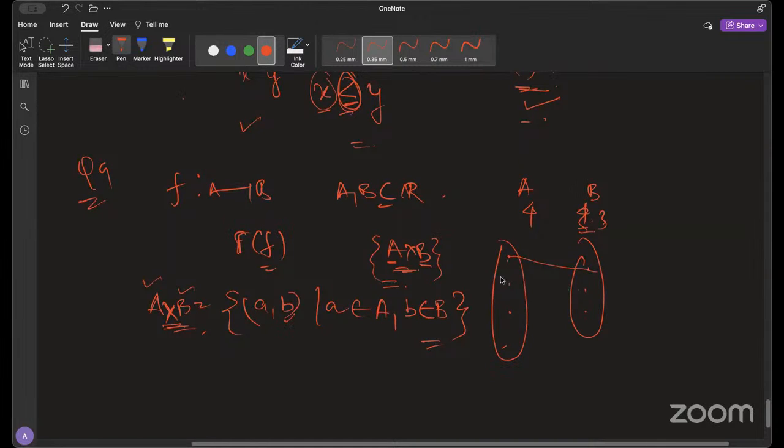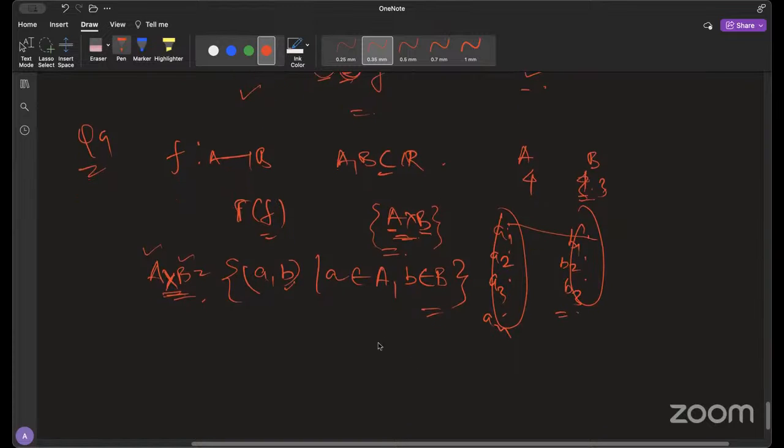So if this is A1, A2, A3, A4, I'm just taking the cardinality to be 4 and 3 to make things simpler. Then we can consider bigger sets and normalize for that. A1 can be mapped to only one element here. If A1, B1 is already there, you can't have A1, B2 because then it's not a function.